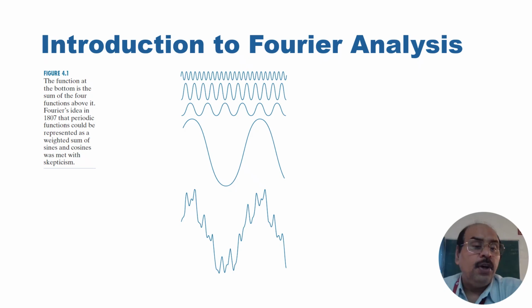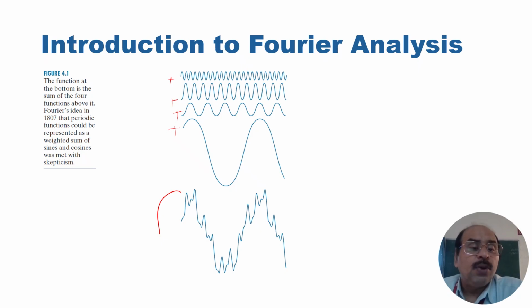What you can see on the screen is a function of this. See what you see in the bottom here. This one is the sum of these first waveforms. We are converting an image into wavelets.